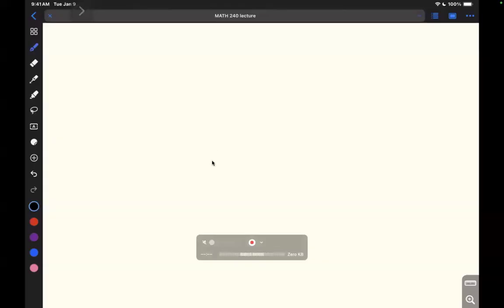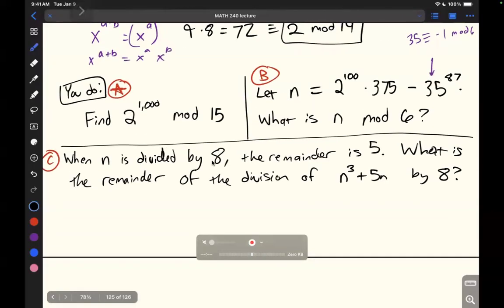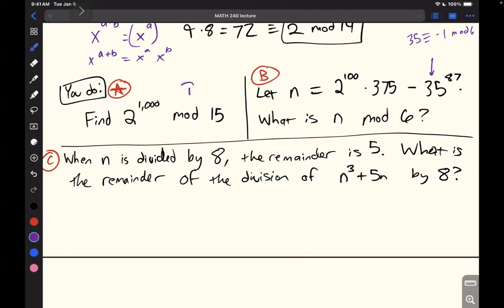Okay, so let me just tell you the answers and then you can verify. So 2 to the 1,000 is 1. This thing n mod 6 is also 1.